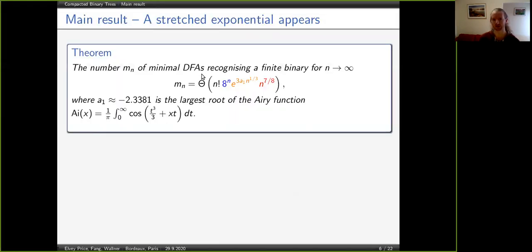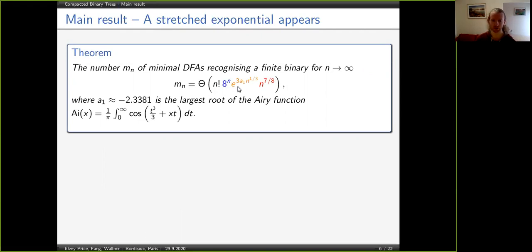So in particular, in this work, we've deduced this asymptotic form for the numbers m_n. So the factorial, exponential, and polynomial bits are very standard things that you'll see in asymptotic expansions. So the really interesting part of this expansion is the stretched exponential here.